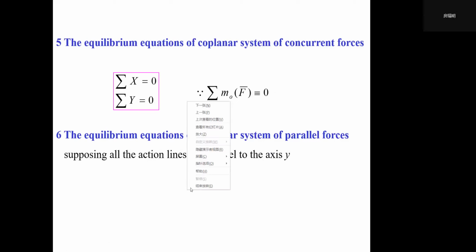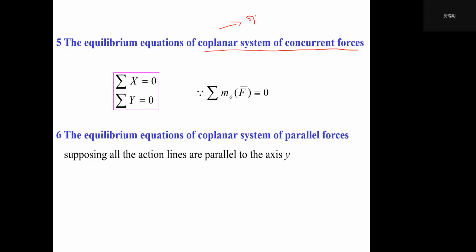If you can understand the general coplanar system, then the equilibrium equations of a coplanar system of concurrent forces, we can look at as a special 平面一般力系, 特殊的平面一般力系. That means for concurrent forces, one equation will always be true, an identity.